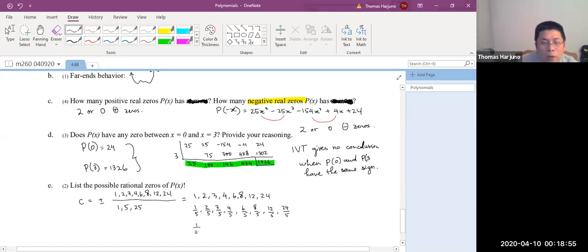Then 1 over 25, 2 over 25, 3 over 25, 4 over 25, 6 over 25, 8 over 25, 12 over 25, and 24 over 25. Each one of them is supposed to have a plus or minus, so let me put the plus or minus in there.